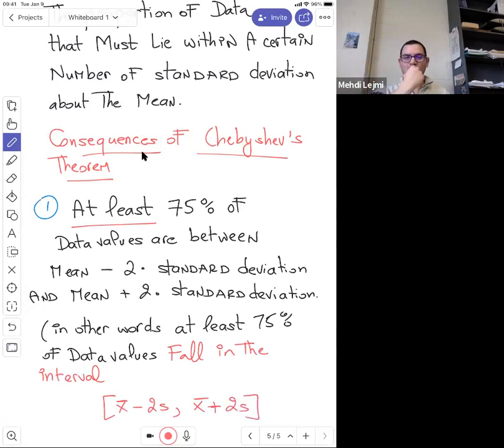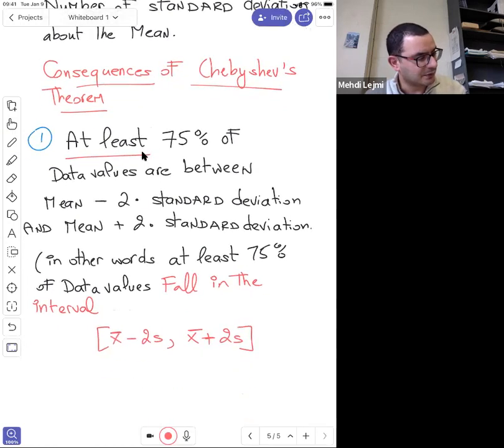So what does it mean? At least 75% of data values are between the mean minus 2 times the standard deviation and the mean plus 2 times the standard deviation. Let's have an example.